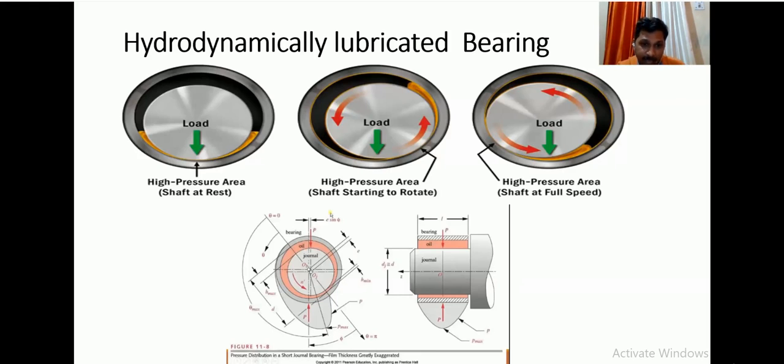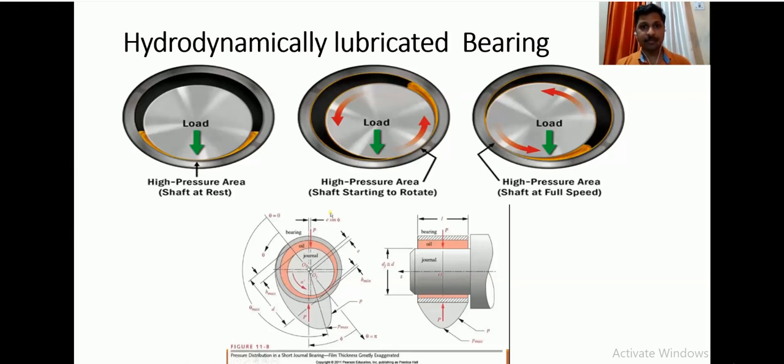We will have the maximum pressure at the point where the minimum oil film thickness is developed, because where the pressure is maximum, there will be a minimum gap. So at the point of maximum pressure, the minimum oil thickness is developed.